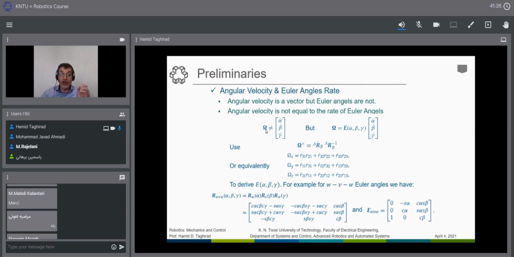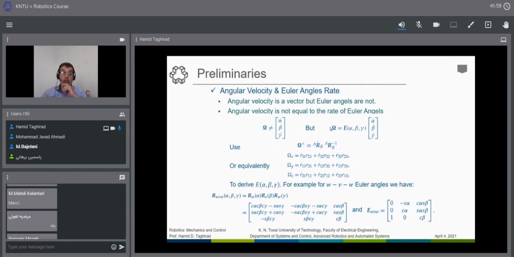Consider this is not true, and that's why Euler angle is a bit different and more difficult than screw axis in the representation of differential kinematics. We can show that there is a relation between angular velocity and Euler angle rate, but these are related with a configuration-dependent or nonlinear relation matrix.